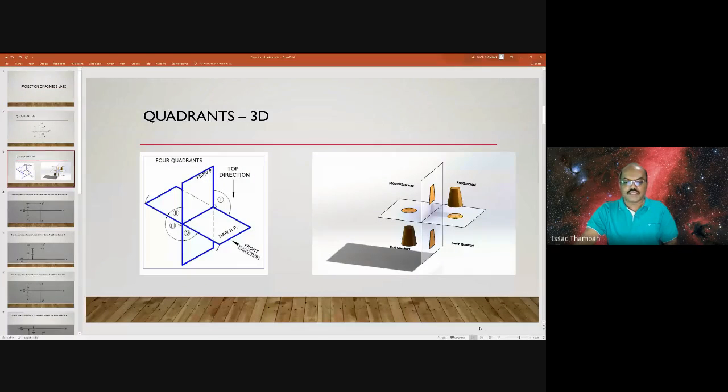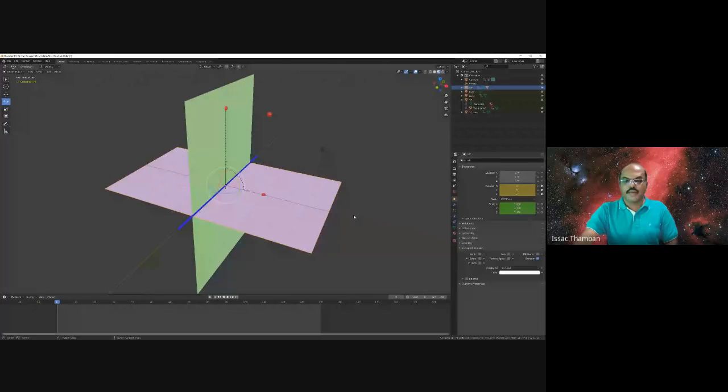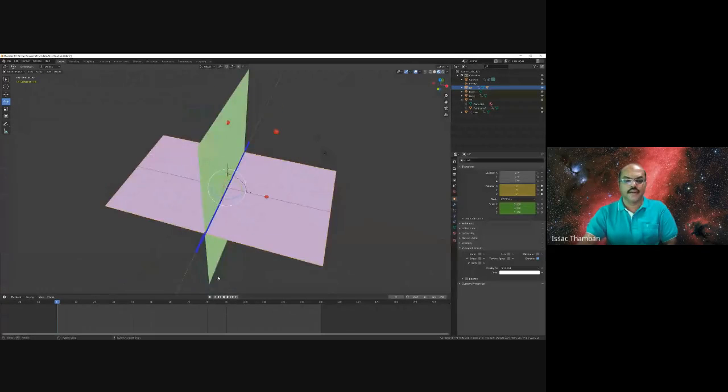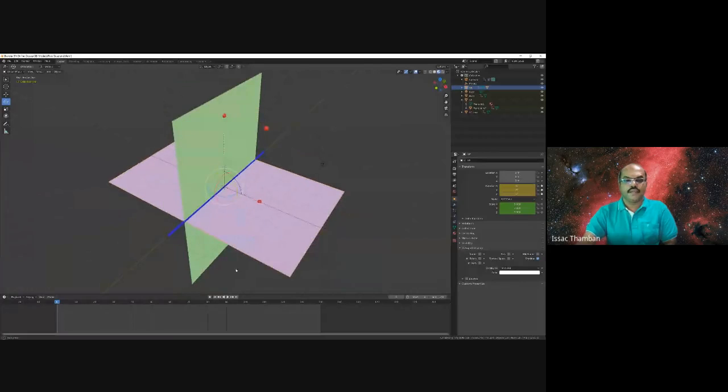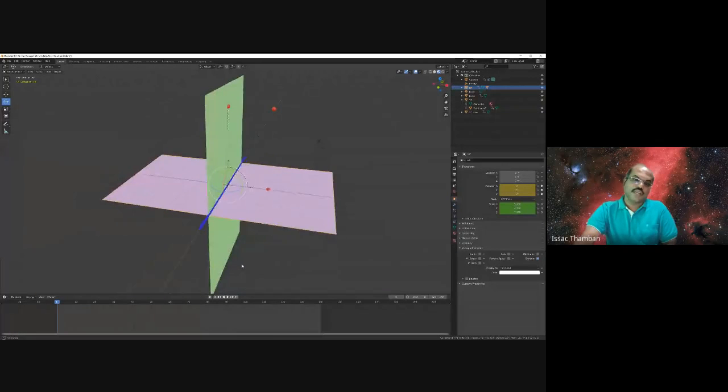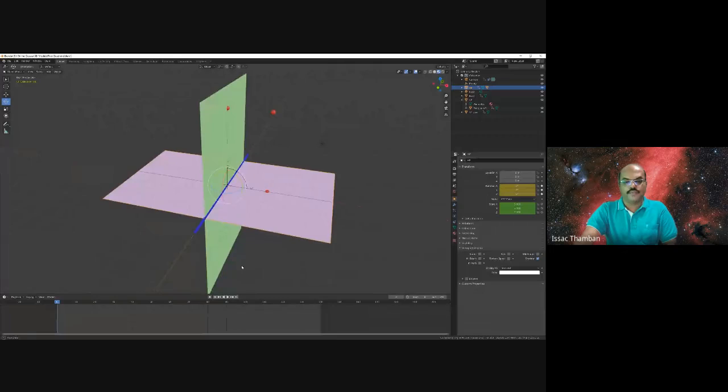And if you consider the 3D window, moving to the 3D window, here this is the 3D window, and in this 3D window, this pink plane can be considered as the horizontal plane, and this green plane can be considered as the vertical plane or VP.